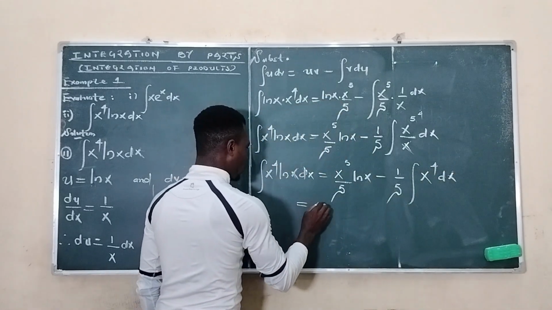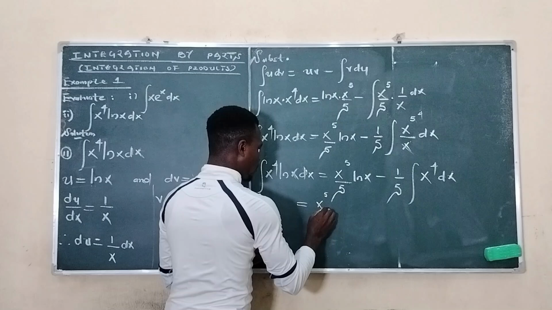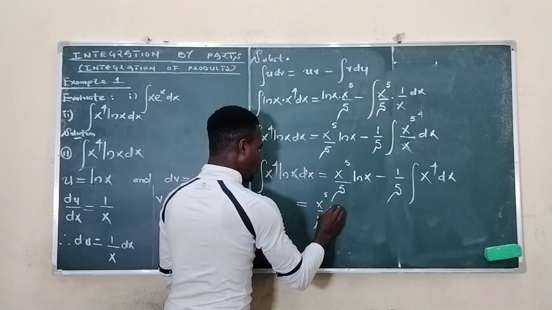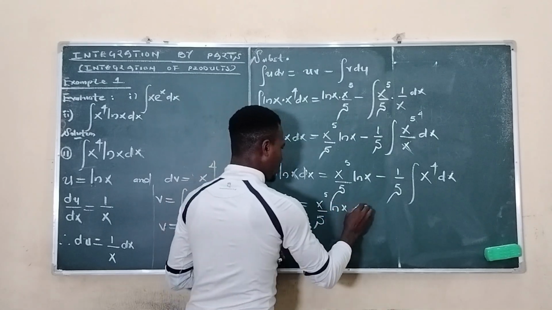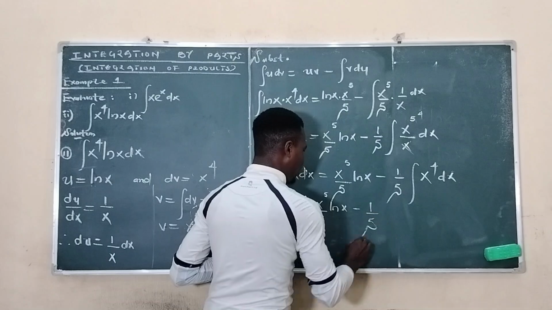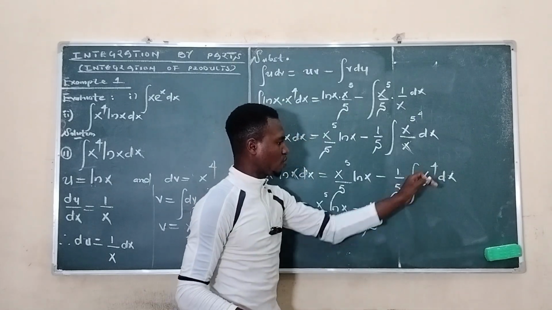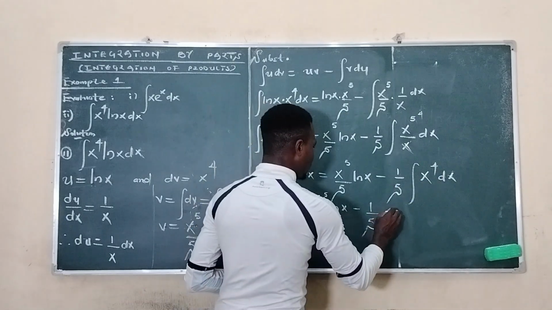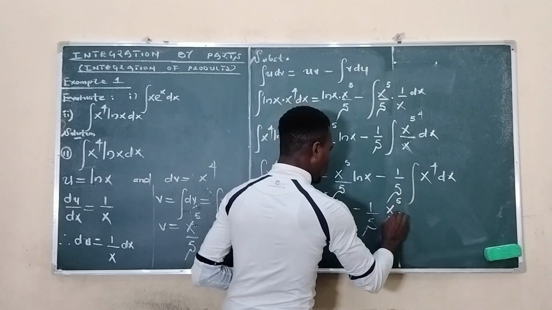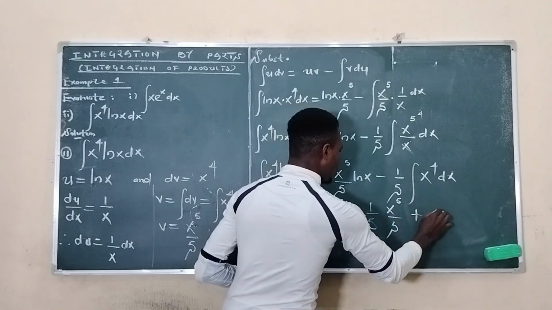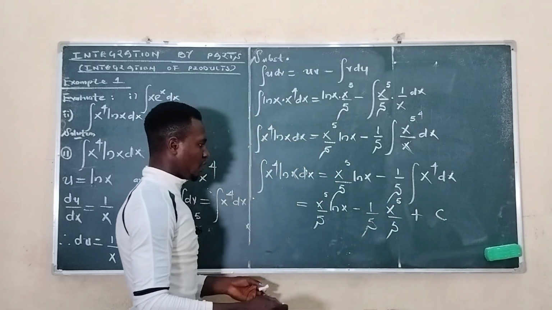And this is going to be equal to x raised to the power of 5 all over 5 times the natural logarithm of x minus 1 all over 5 times the integral of x raised to the power of 4, and that is given by x raised to the power of 5 all over 5 plus the constant of integration.